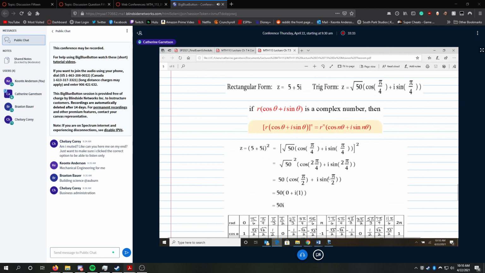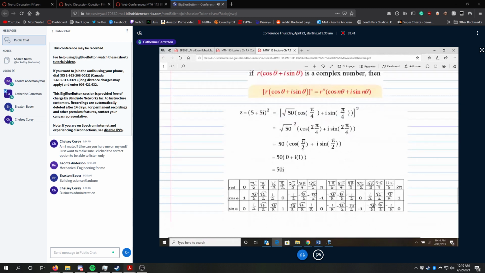That reduces to pi over 2. And the root 50 squared is just 50. Now the cosine at pi over 2 is 0. The sine at pi over 2 is 1. I multiply 50 to both, and I just end up with 50i.